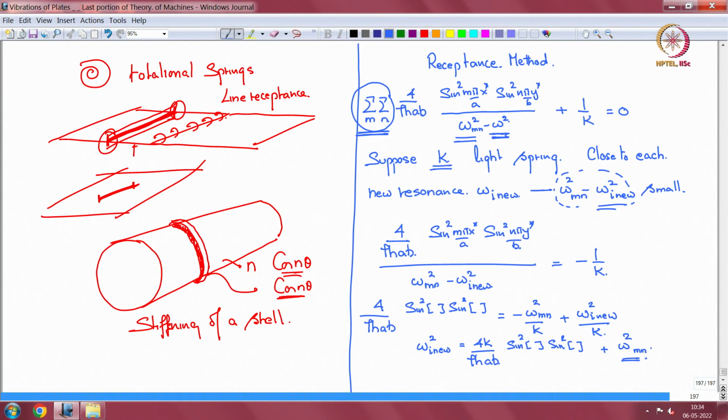Let us say m is 1, n is 1, omega 1 1 square. You put m equal to 1, n equal to 1 over here, that is the perturbation to omega 1 1. So, omega 1 nu will be omega 1 1 plus some small quantity. So, there is a quick formula here when k is not significant and it just slightly modifies each resonance.